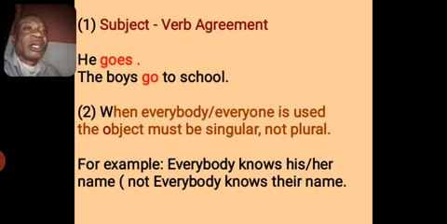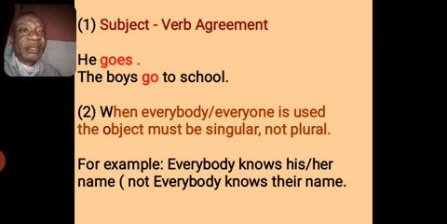So, number 1, the subject-verb agreement. Look at that example there. He goes. Is it correct? Of course it's correct. He is a singular pronoun, and as a result, the verb has to be singular.